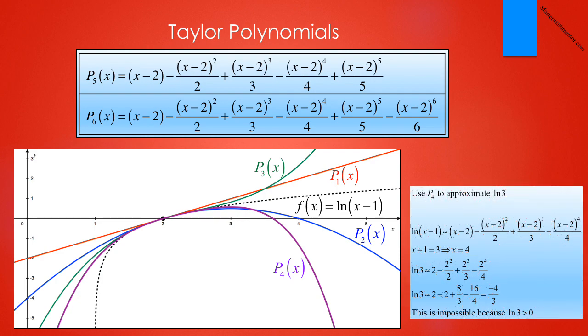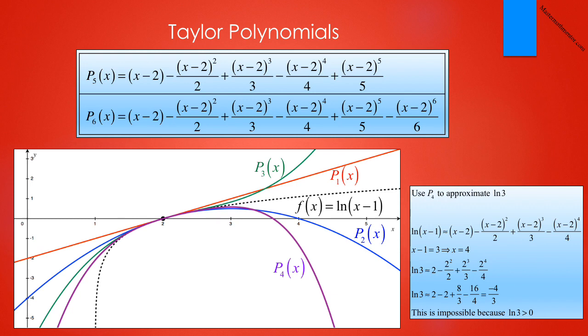The value of x where the Taylor polynomial does a good job of approximating the function is important, as we see in this last problem. Suppose we wanted to use P4 to approximate the natural log of 3. We know that P4 will approximate the natural log of x minus 1 with x minus 2 minus (x minus 2) squared over 2 plus (x minus 2) cubed over 3 minus (x minus 2) to the fourth over 4.